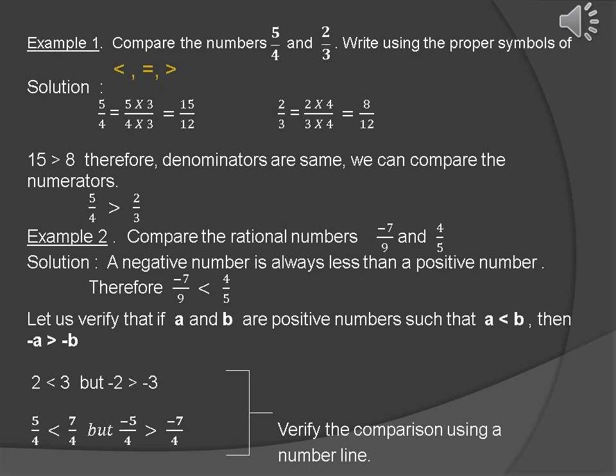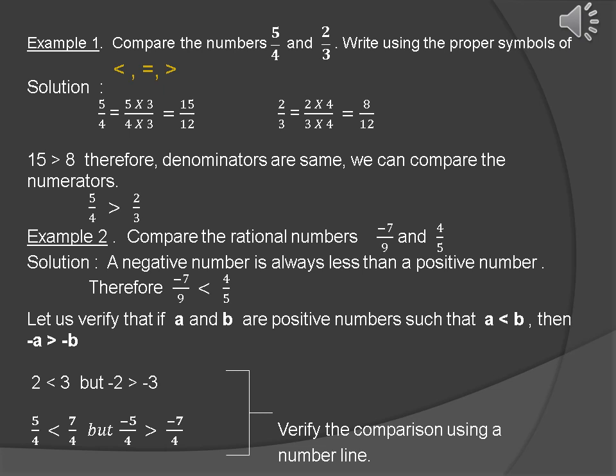Similarly, multiply the numerator and denominator by 4. Therefore, 2 by 3 is equal to 2 multiplied by 4 wholly divided by 3 multiplied by 4, which is equal to 8 upon 12.